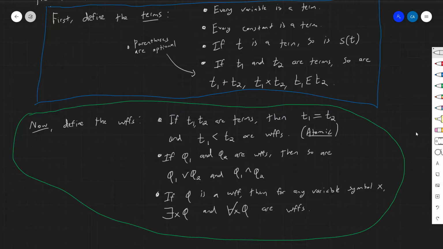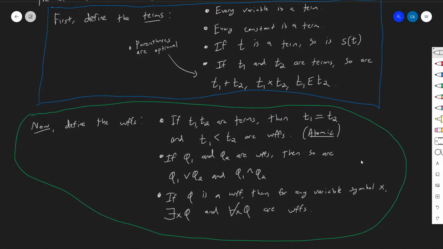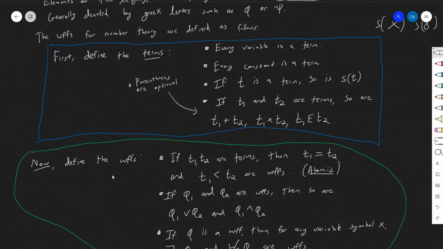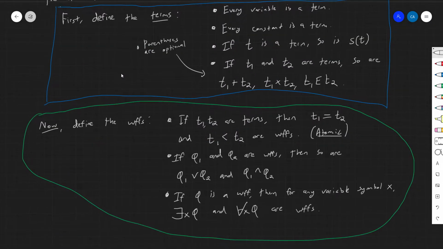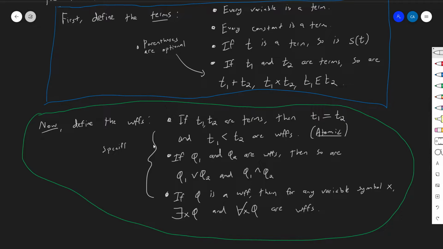Now we'll define the WIFs, the actual WIFs. And again, I'm defining the WIFs for number theory specifically. I should mention that this is specifically WIFs in the language of number theory.